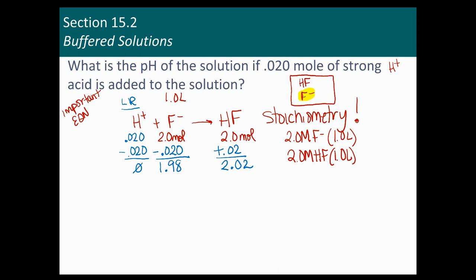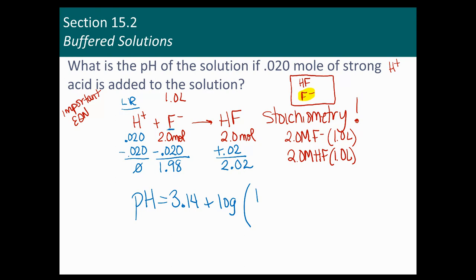Okay, and now I'm going to say pH equals pKa. Would you believe I forgot what the pKa was already? 3.14 plus the log. Now, even though my neutralization equation has the F minus over here, that's still our base.